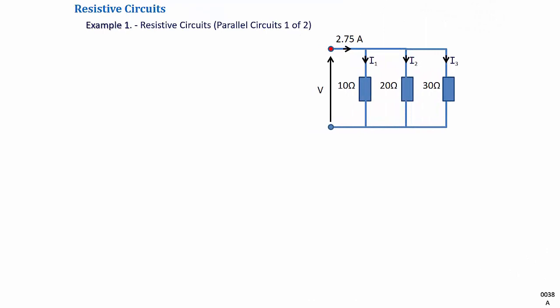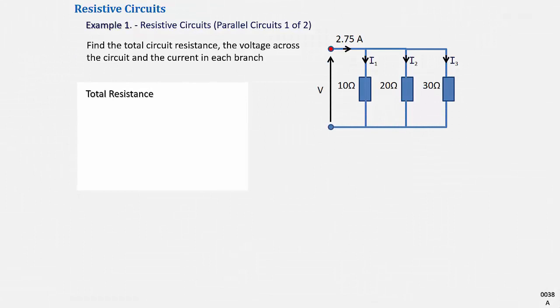The following example is in the accompanying workbook, Resistive Circuits, Parallel Circuits. Here we are required to determine the total resistance of the circuit, the voltage across the circuit, and the current in each branch.